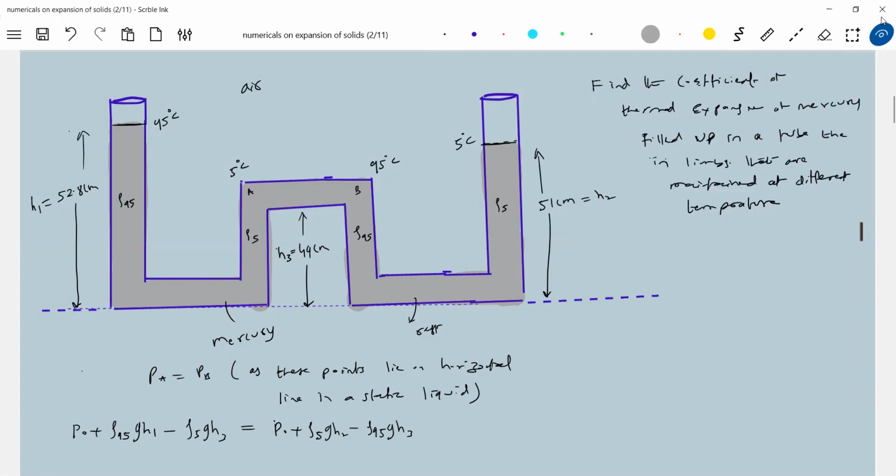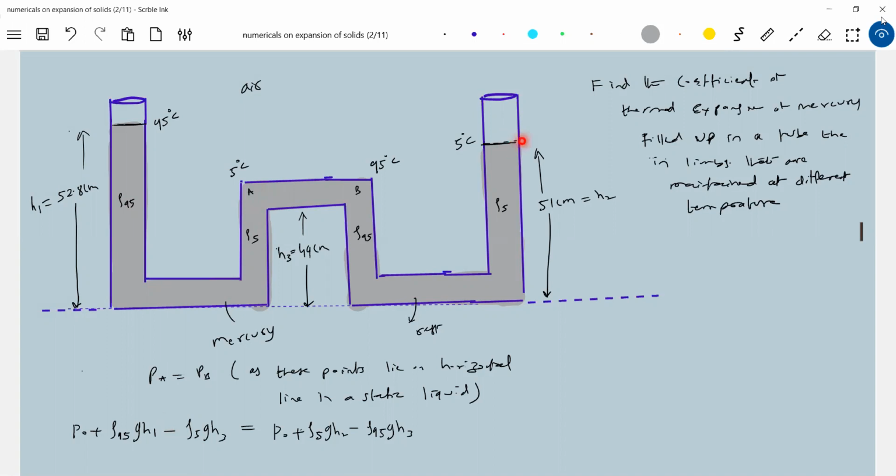Is that okay? So you have enough of fluid statics, I'm taking help of that. I'm starting here: P naught plus density of mercury at 95 degrees Celsius, which means rho 95 g H1. Then I'll move up. So how much should it be? Rho 5 g, with a negative sign as I'm moving vertically up inside the liquid, minus PA equal to 0. So therefore pressure at A equals this much here.